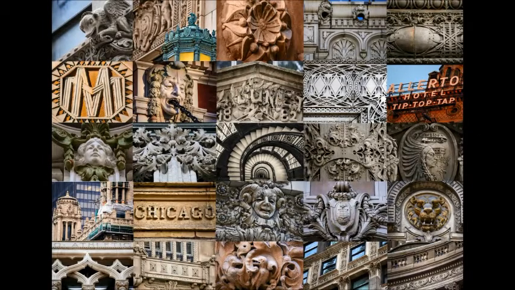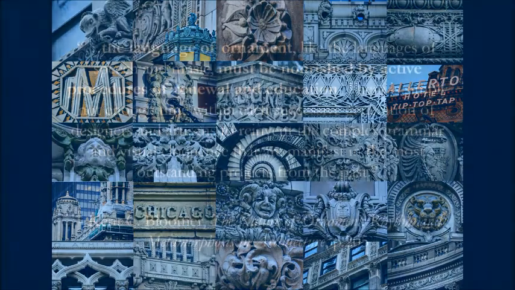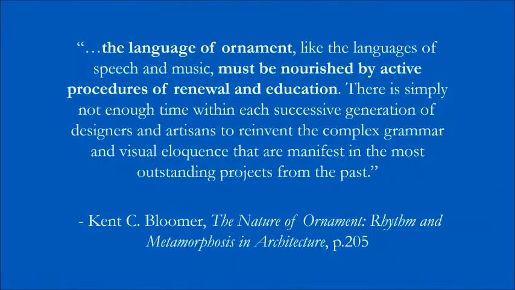Take, for instance, some of the rich details that can be found in Chicago and the various messages and meanings that are conveyed through architectural ornament. This reminds me of a quote by Kent Bloomer in his book, The Nature of Ornament.